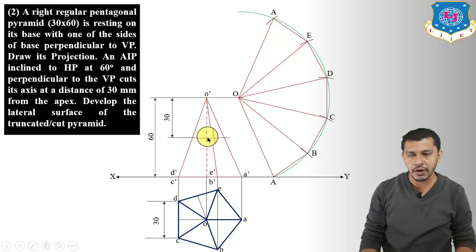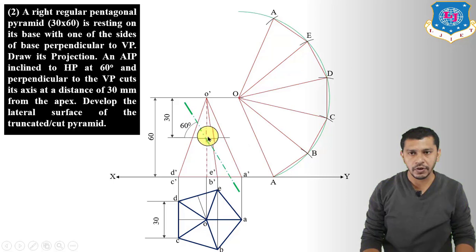So now from this point draw a cutting plane line inclined at an angle of 60 degrees to the XY reference line. So draw a cutting plane line or show a cutting plane. Now mark the intersection points of the cutting plane with the pyramid. So mark this point and this point. This point will show the intersection point of the cutting plane with the slant edges OC and OD.